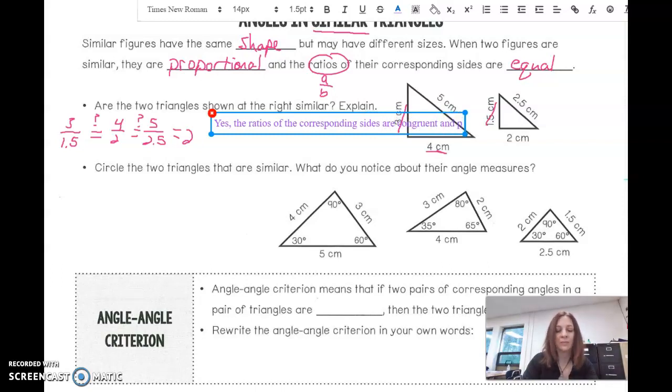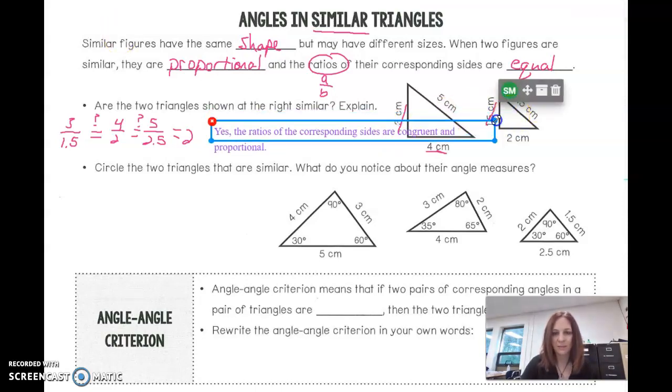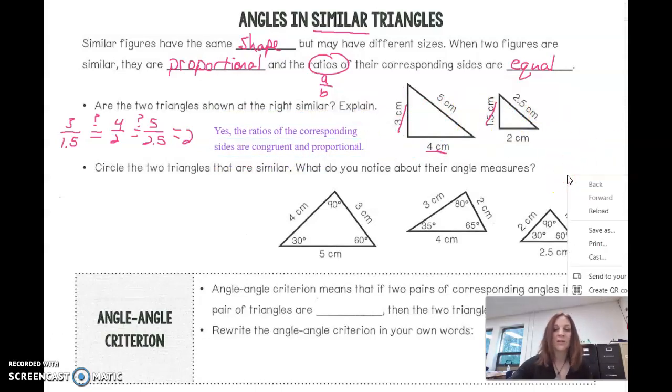I'm sorry, the ratios of the corresponding sides are congruent and proportional, yep. All right, so now that you can see this, there we go. The ratios of the sides are the same, and they're proportional.